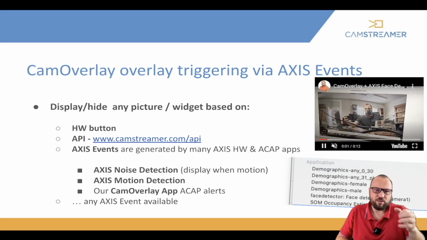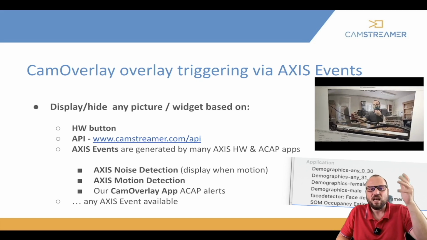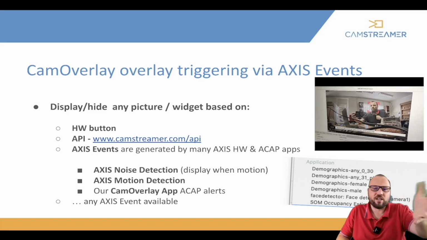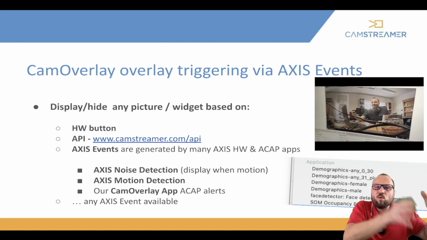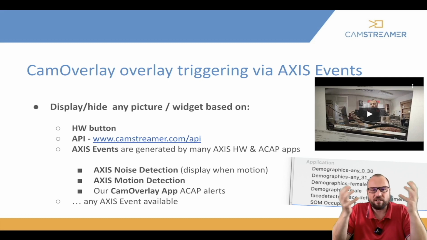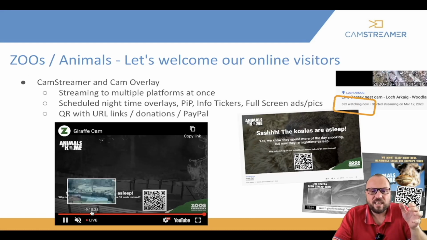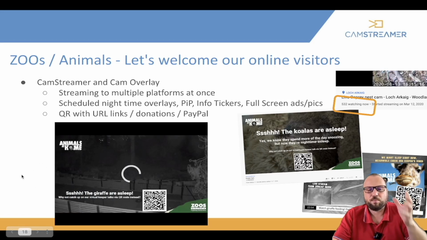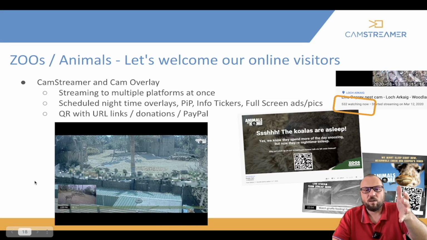Any of the overlays can be triggered by hardware button, by API commands, by access events, such as noise detection, motion detection. It can also be reversed. So for example, if there is no motion in the zoo, display an animated giraffe, for example. You can still use the security features of the camera, such as privacy mask, as you can see here on a video from Melbourne Zoo.